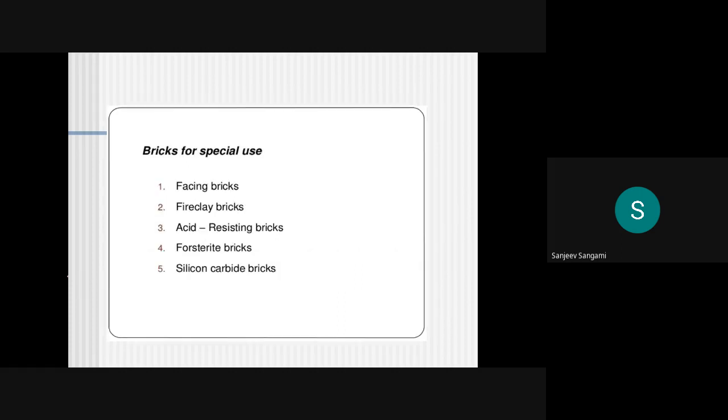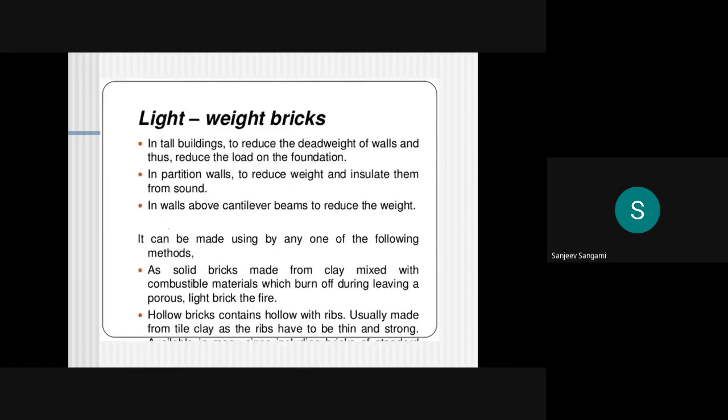So bricks for special use: facing bricks, fire clay bricks, acid resisting bricks, then fosterite bricks, silicon carbide bricks. Based on the applications they will be used. Lightweight bricks are used in tall buildings to reduce the dead weight of the walls. The main reason is that nowadays construction happens with the help of columns only, so most of the load, 90% of the load, will transfer to the columns itself.